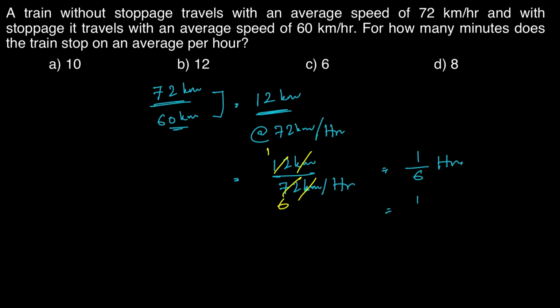To convert into minutes, 1 by 6 multiplied by 60 minutes is equal to 10 minutes. So 10 minutes is the time required to cover 12 kilometers, which the train is not able to cover because the train got stopped. So idle time per hour is 10 minutes. You can solve it in that manner or in this manner.